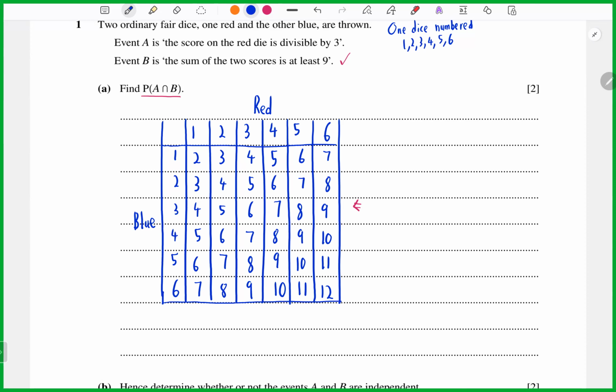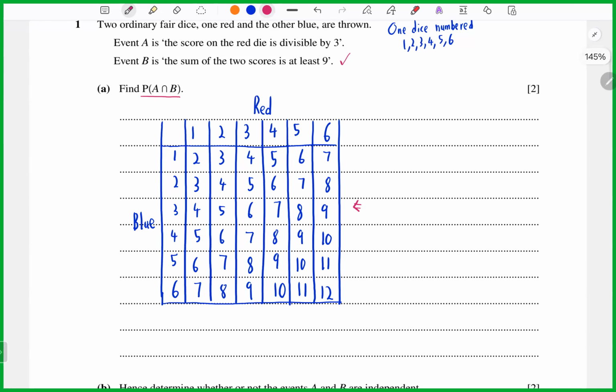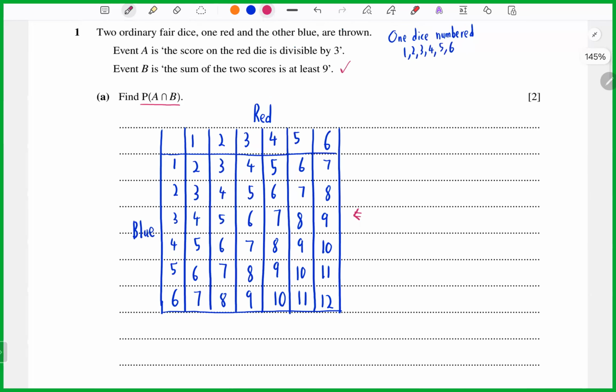Okay, so let's see. The score on the red is divisible by 3. If it can be divisible by 3, we take the number 3 here. This is for red.